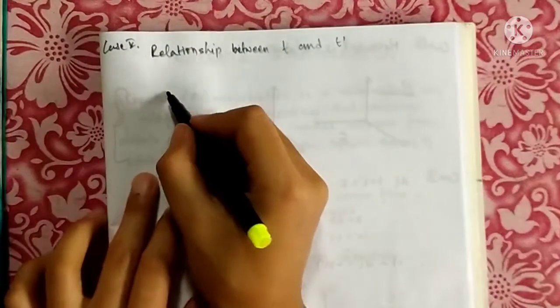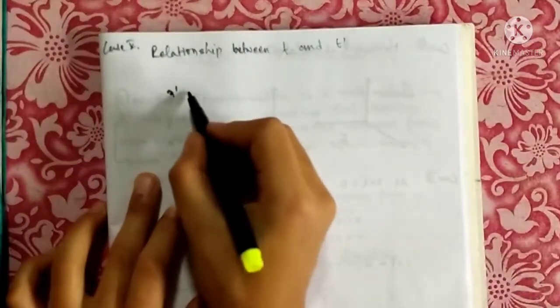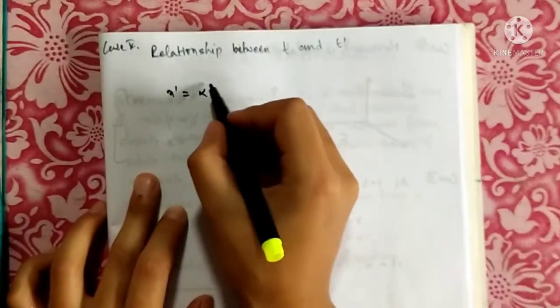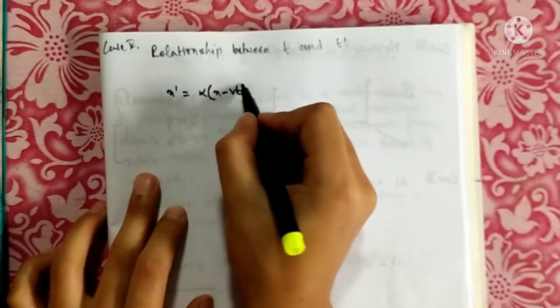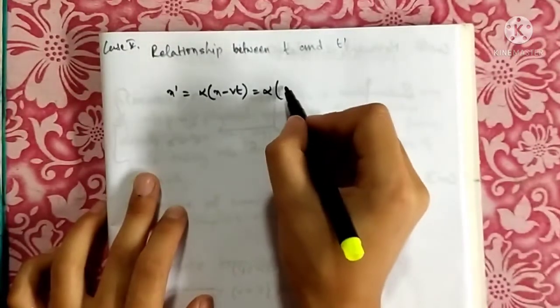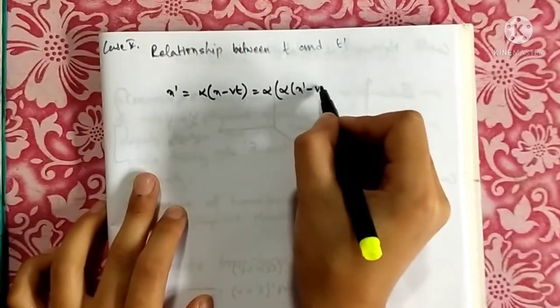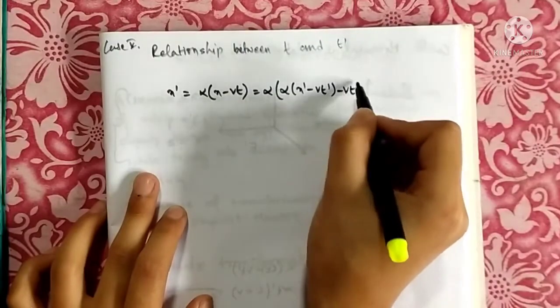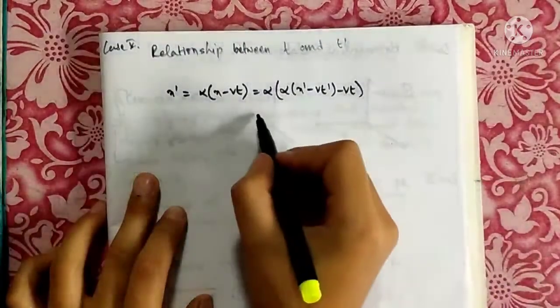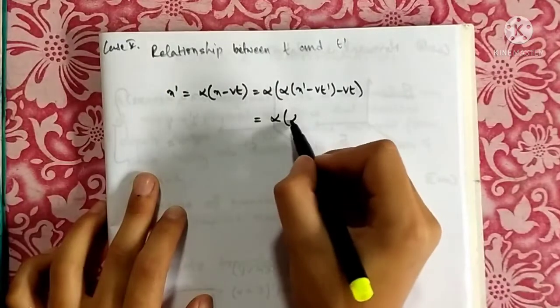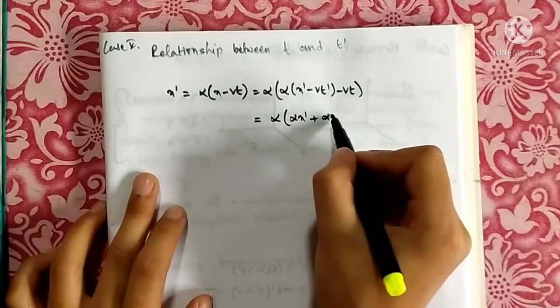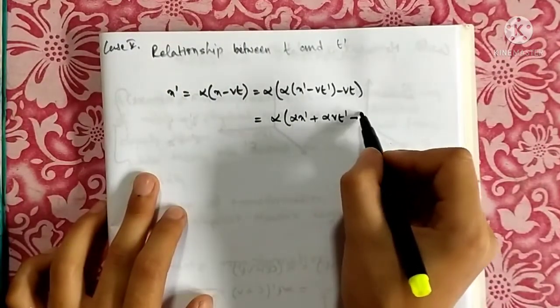Here we have x prime is equal to alpha (x minus vt) is equal to alpha (x prime minus vt prime) minus vt, which is alpha x prime plus alpha vt prime minus vt.